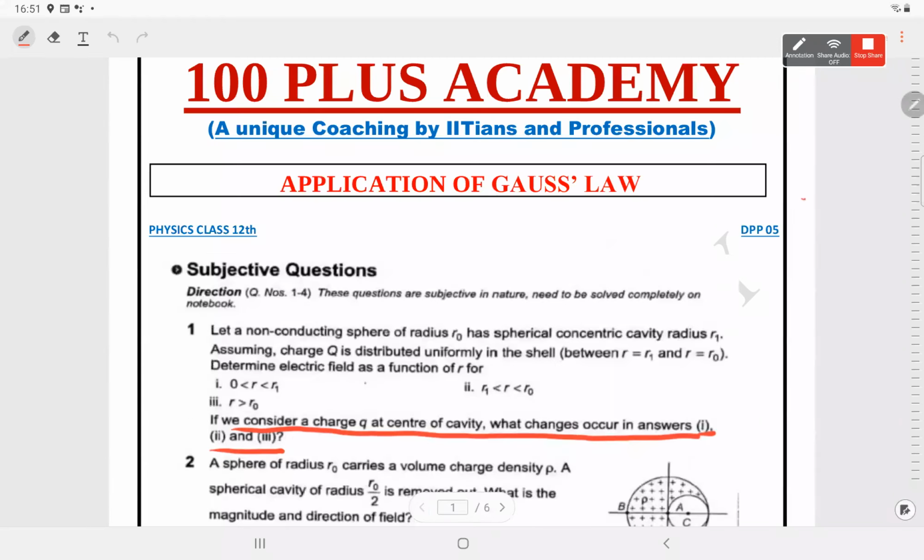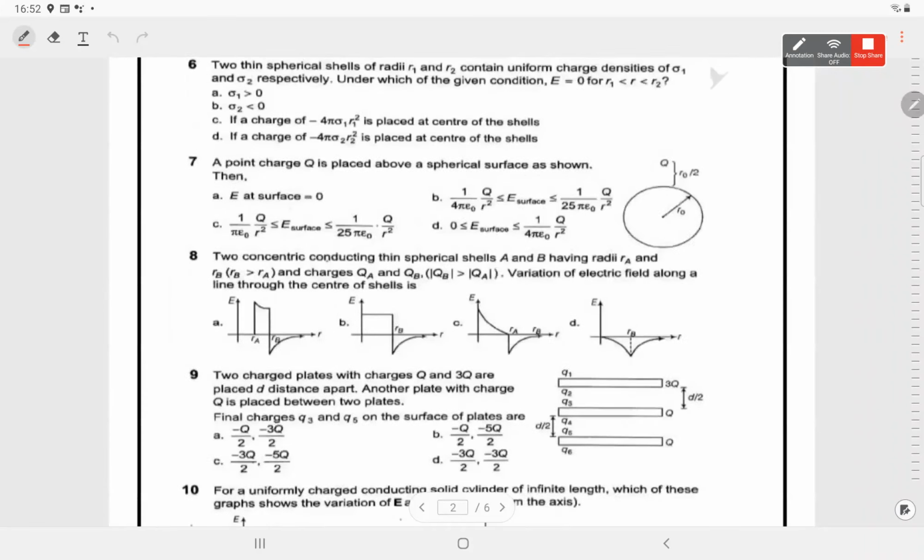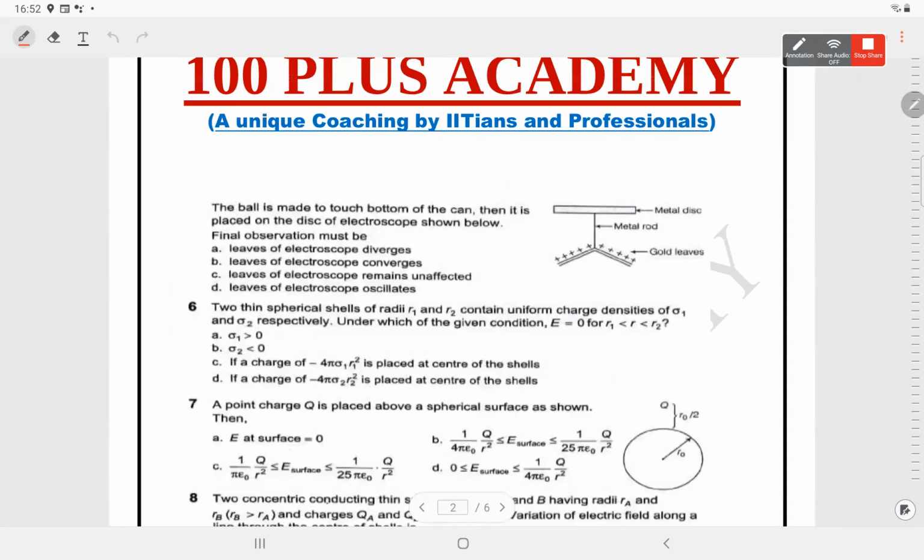Again, question, what does it say? A charged metallic ball is lowered into an insulated metal can. Okay. Now it is lowered and the ball is made to touch the bottom of the can.